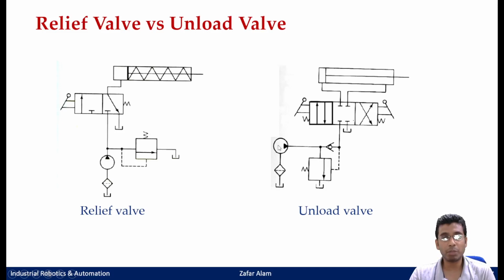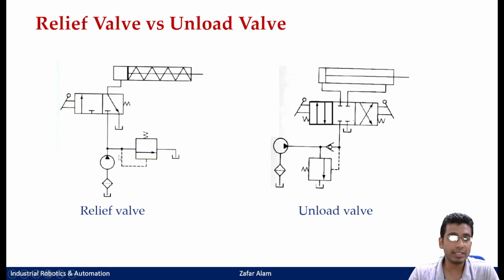Now your pump could completely get unloaded, and it does not have to work at 155 bar pressure to unload or relieve itself. It will relieve completely, and this pump will come to a no-load condition.